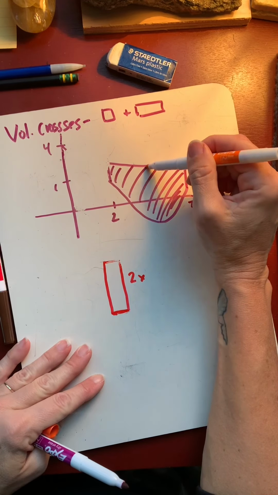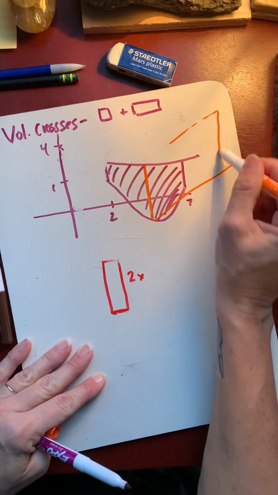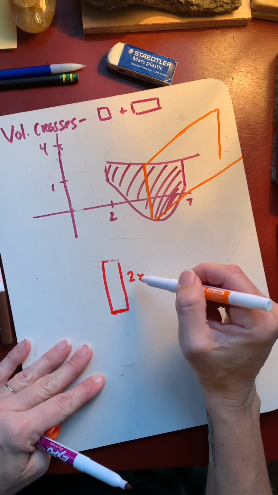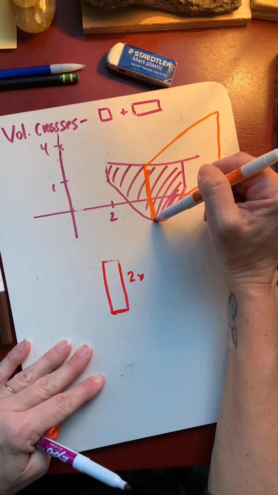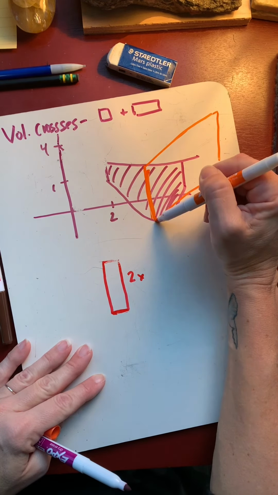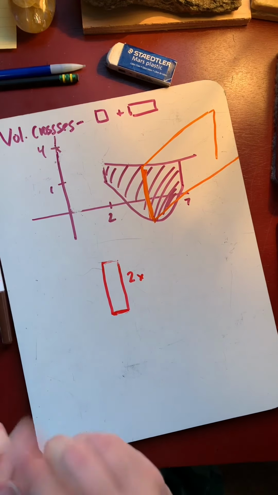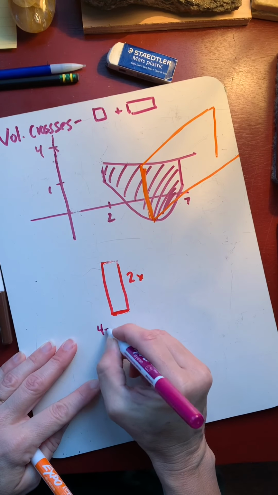So we have the base of the rectangles here and the heights coming out at me. They told me that the height of the rectangle is going to be 2x. The base is this. So how do we measure that space? We just do top curve minus bottom, just like if we were getting the area. The top curve is 4 minus root x.